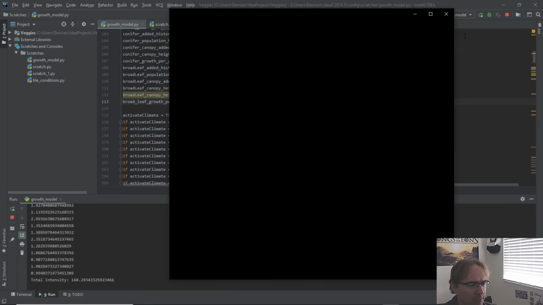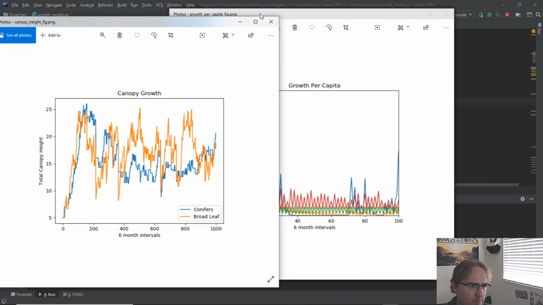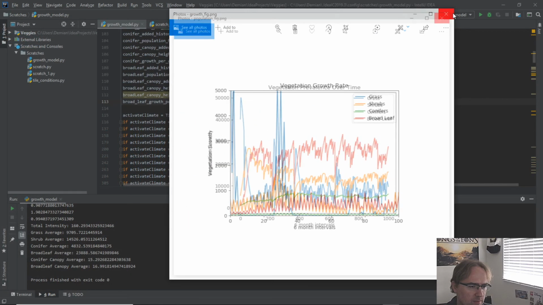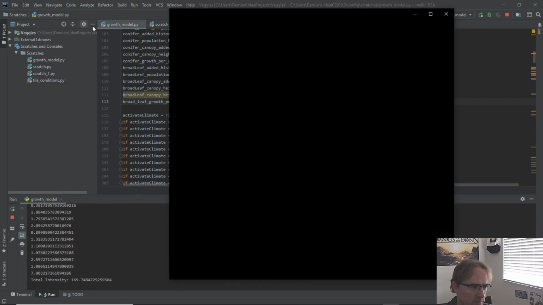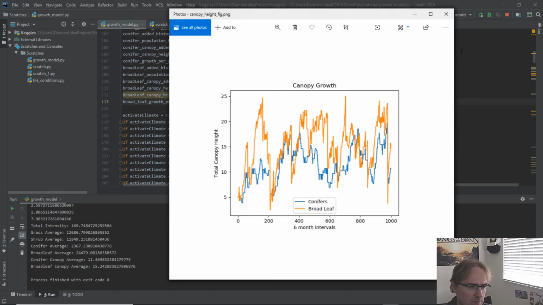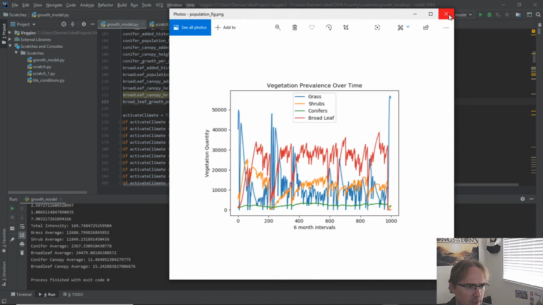I mean, in some situations, so for example, oops, what did I do here? So here's kind of a grassland, right? Sort of a mid-grass prairie.